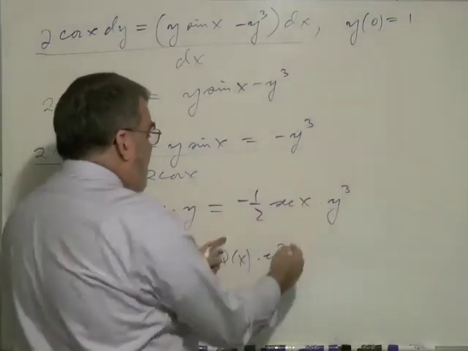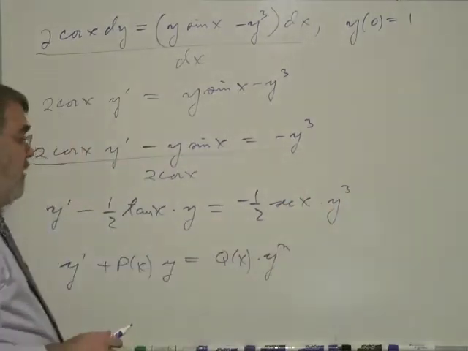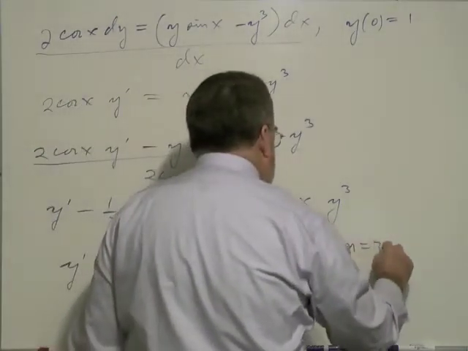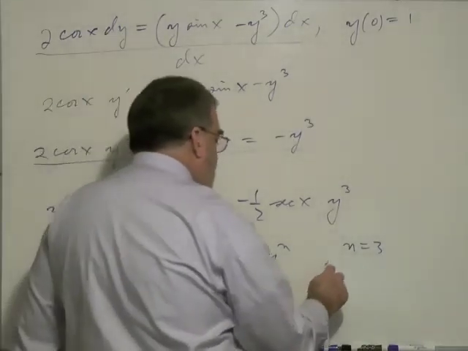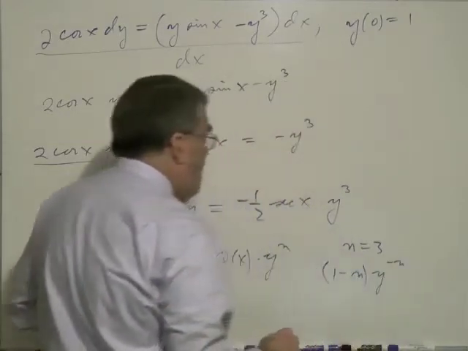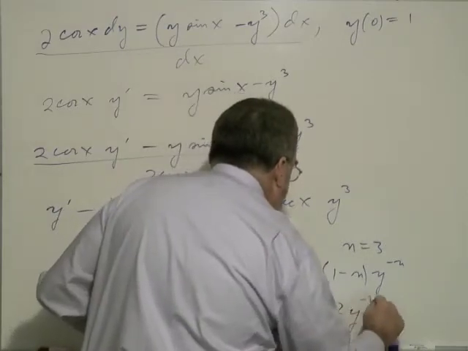Q of x is the minus 1/2 secant x times y to the 3rd power. So n is equal to 3 here. And the technique that Bernoulli figured out was to take this equation and multiply it by 1 minus n times y to the negative n power. So in this case that would be 1 minus 3, which is negative 2, times y to the negative 3rd power.